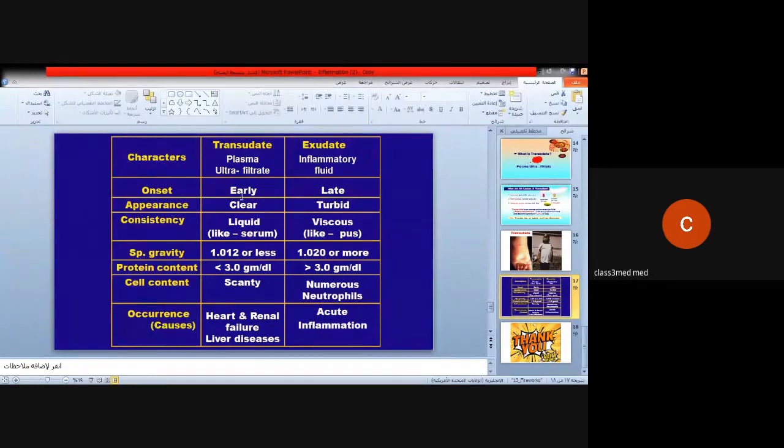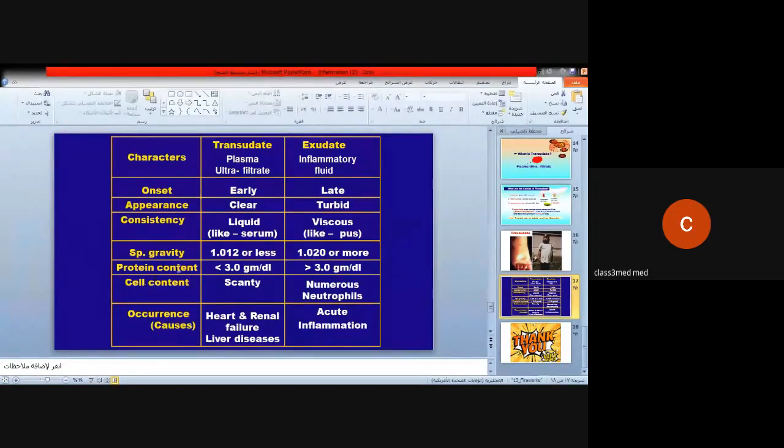Consistency: transudate is liquid, serum-like, while the exudate is viscous, like pus. Specific gravity, as we say, transudate 1.012 or less, the exudate 1.020 or more.